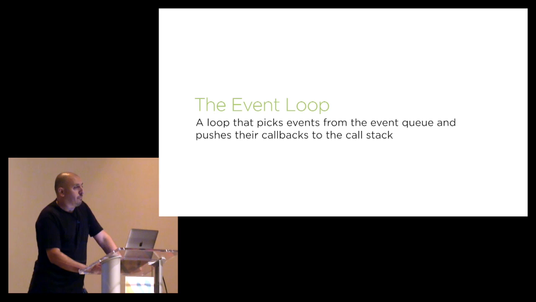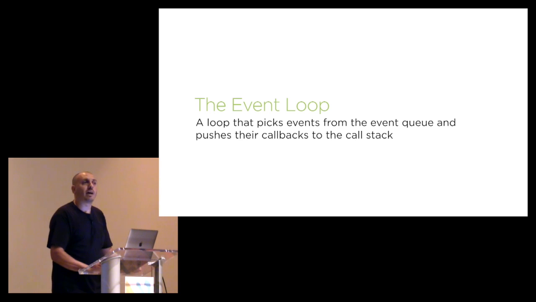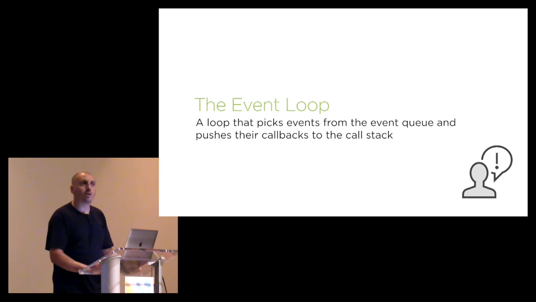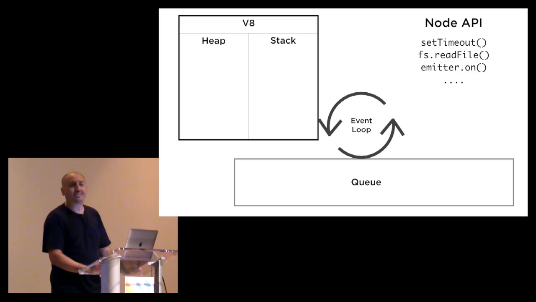It's a loop that picks events from the event queue and pushes their callbacks to the call stack. Maybe a little bit more clear, but still, not really. And there's a reason it's really hard to define the event loop or to just understand the event loop from an abstract definition. Because the event loop is just one tiny part of a really big picture.